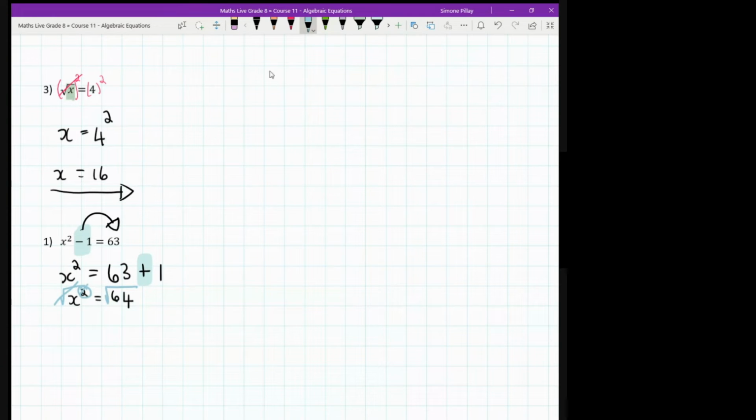What I do on the one side, I must do on the other. X is equal to, somebody want to tell me? Guyanda has in the chat, x is equal to 8. Okay. So that is that.